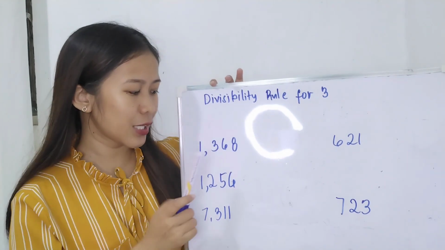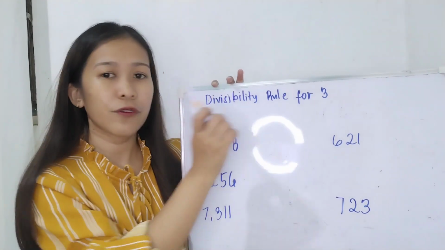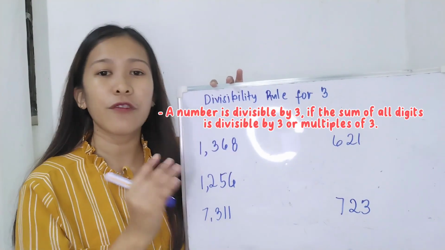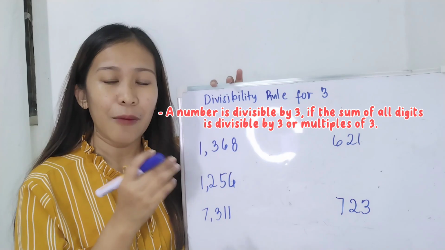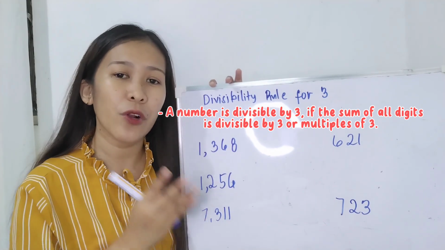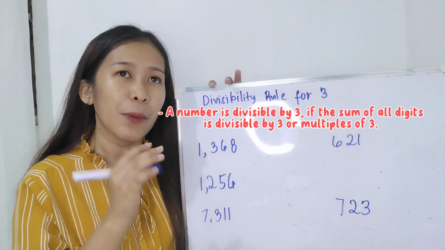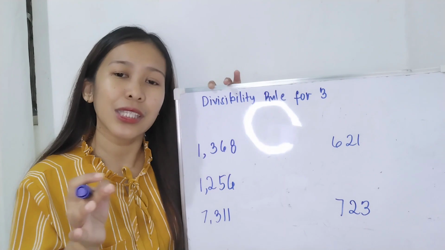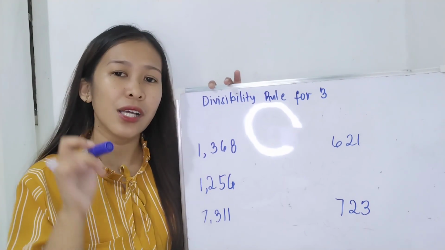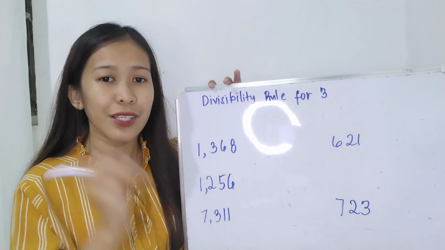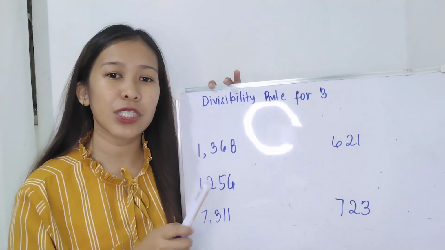So for example, this divisibility rule for 3. The rule is that if the sum of all the digits of a number is divisible by 3, or a multiple of 3, like kapag yung total is 3, 6, 9, 12, 15, 18, 21, 24, 27, 30, and so on, then that number is divisible by 3.